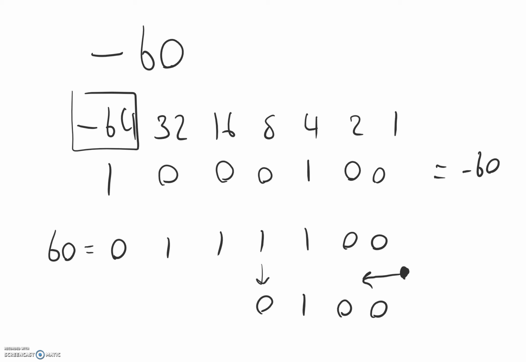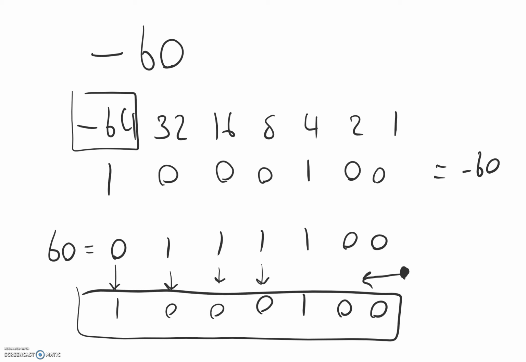So the 1 there becomes 0, 1 becomes 0, 1 becomes 0, and the 0 becomes 1. And what we end up with is the negative version of that number. Now we can check this because we did it another way there. And that shows that we've got minus 60 working through it that way, or using the 2's complement rule, we've got minus 60 there.